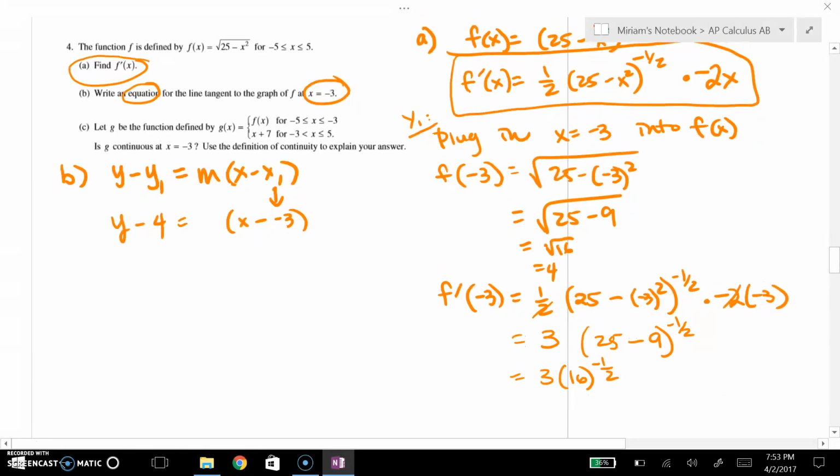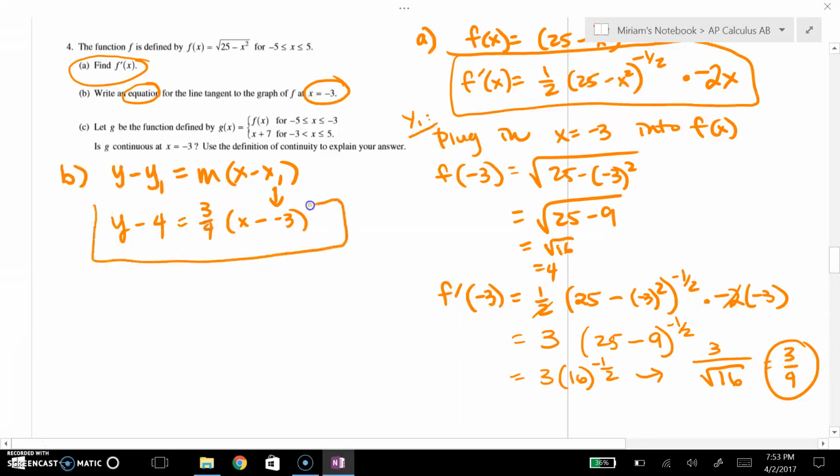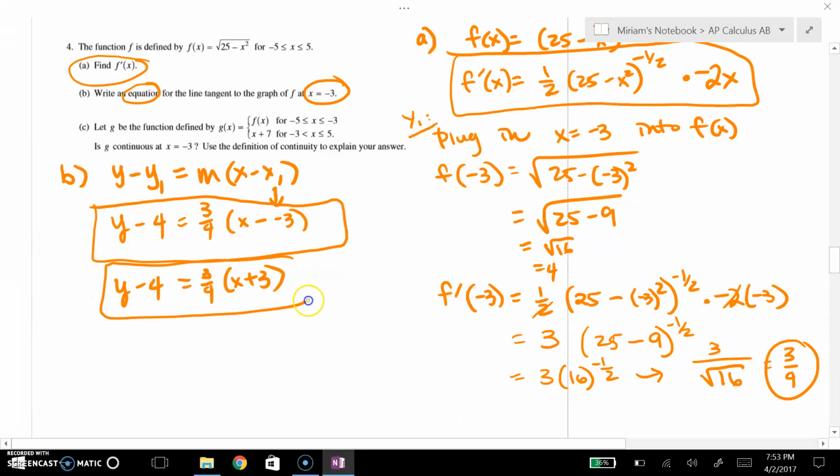Remember, negative 1/2 means this goes in the denominator, which is 3 over 4. And you have the equation. If you want to make it nicer, this is the nicer version.